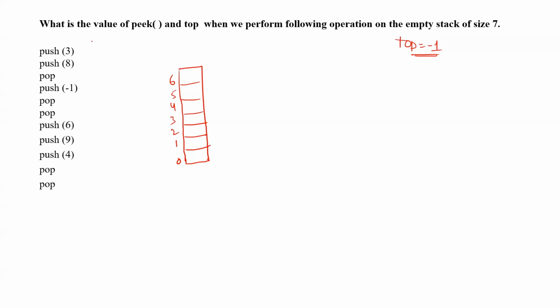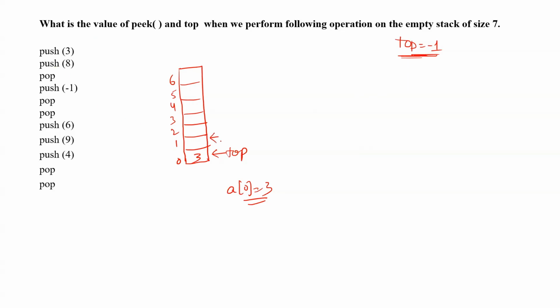The first operation given is push 3. When we push 3, I will increase the value of top. When you increase the value of top, the top will point here. So now I can insert a of 0 is equal to 3. The 3 will come here. Again, the second operation given is push 8. 8 we want to push.